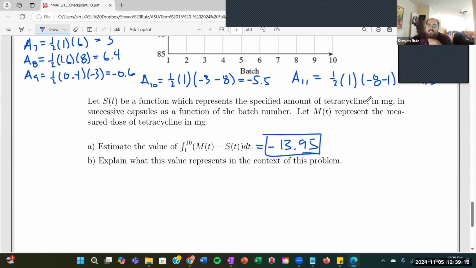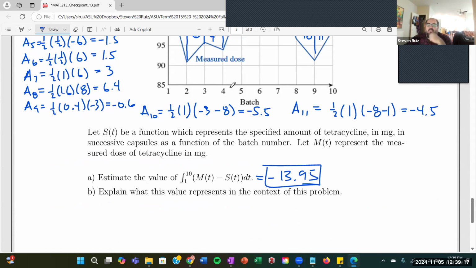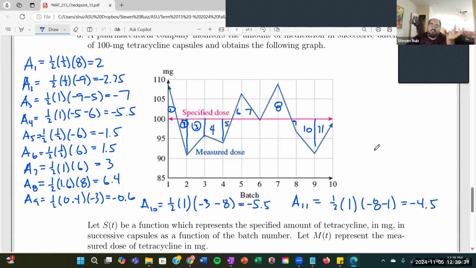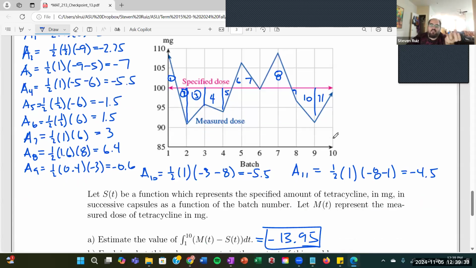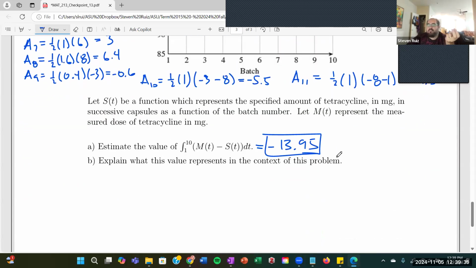So over this batch, or this sequence of 10 doses, this patient, whatever I'm measuring here, received 14 fewer milligrams of the drug than the specifications called for. I think that's a good way to interpret what this integral that I just estimated is.